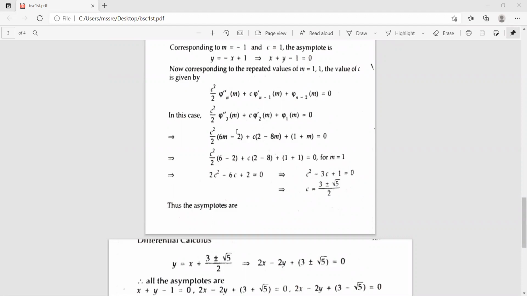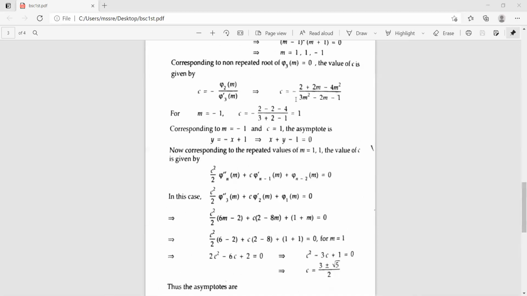That is c square by 2 into pi 3 double dash, that is pi 3 dash of m, which we have to differentiate once more. The expression 3m square minus 2m minus 1, differentiating again, becomes 6m minus 2, plus c into pi 2 dash of m.